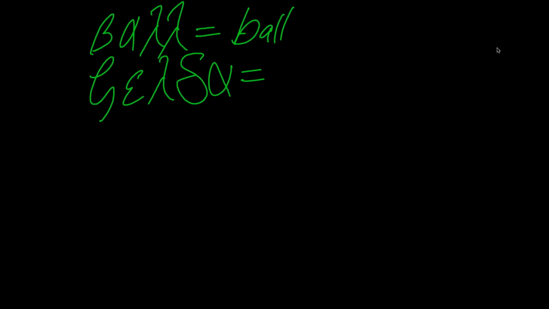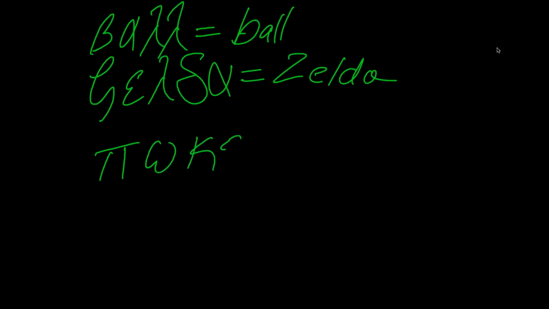Zelda. Zelda. Of course. Zelda. I'm trying to think of epsilon words that don't have a tau in them. There's not as many as I thought about whenever I started making these. About Pokemon. We haven't learned Omega yet. But it would be like that. Pokemon.